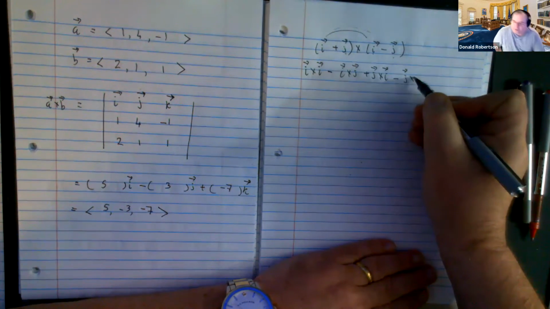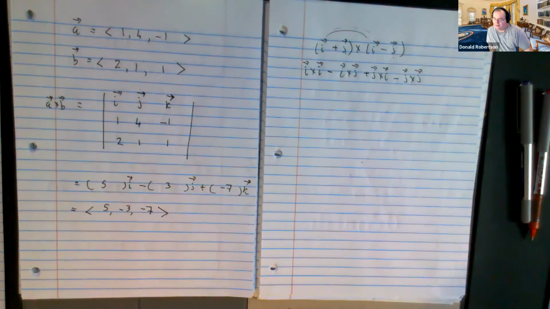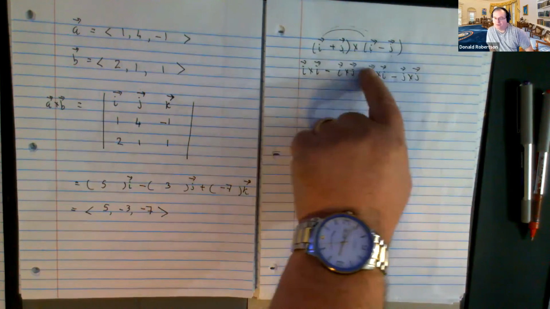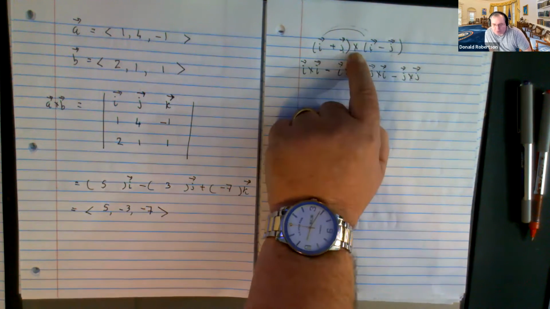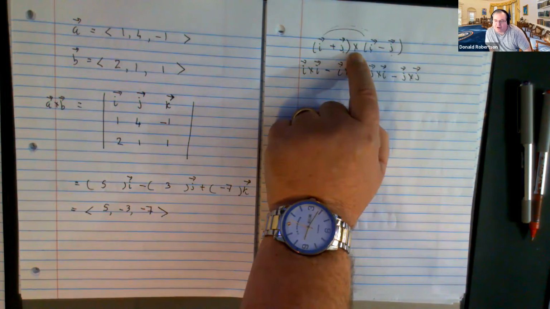Would you agree that's kind of FOIL, right? Which may explain why they use that symbol. It's not really multiplying vectors together, but doesn't it have a lot of the similar algebra as multiplication has?